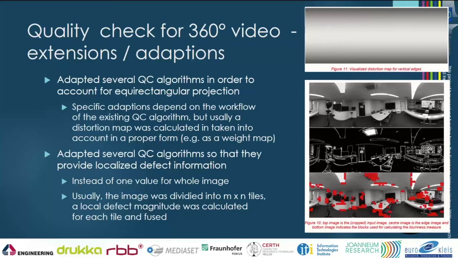On the right side in the lower part, you can see some intermediate images for the blurriness algorithm. The basic principle of this algorithm is to first calculate an edge image, which is the middle image, and then, for all the edges, measure the width of the edges. In the very lower image, you can see the blocks which have been taken for calculating the blurriness map.